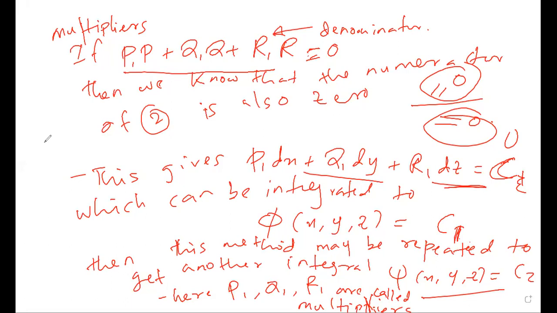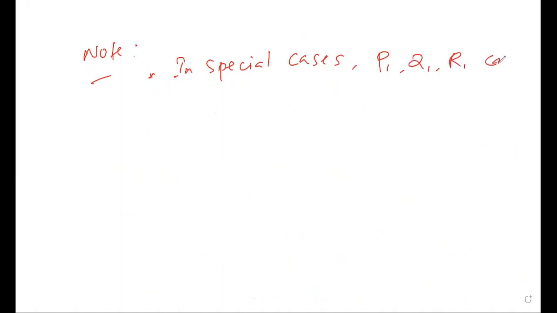Shall I erase? So when you're doing the example, we can understand more clearly. Okay. So you can put a note: in special cases, P1, Q1, R1 can be constants too.